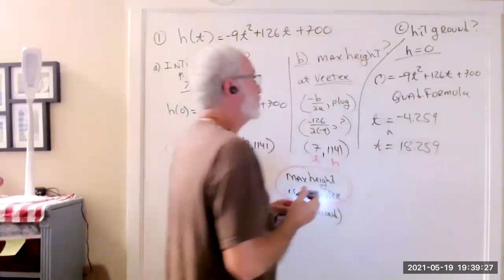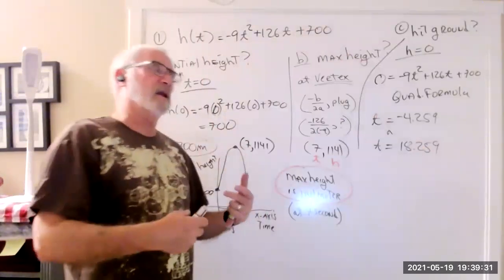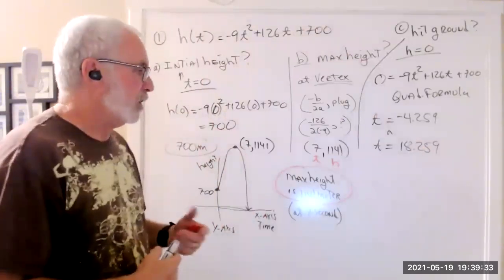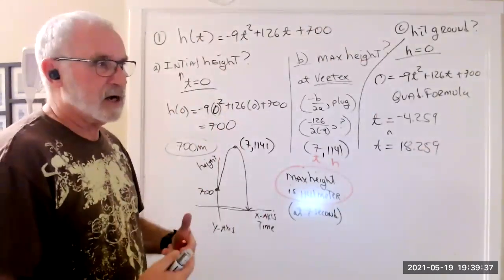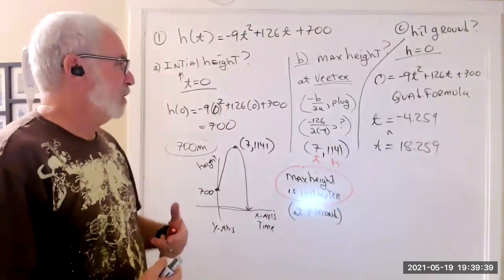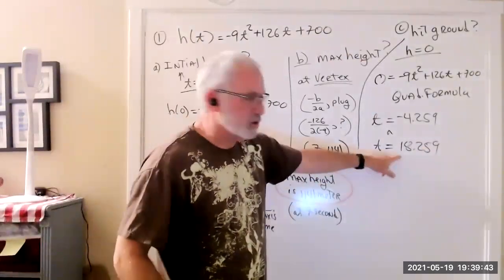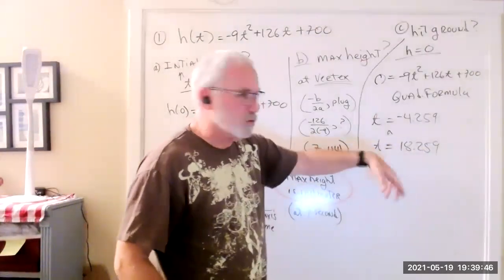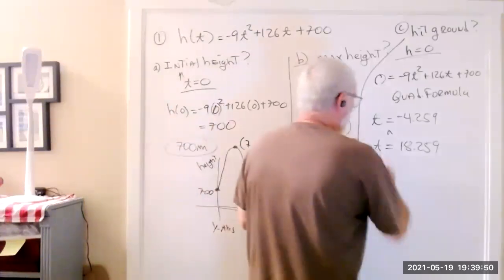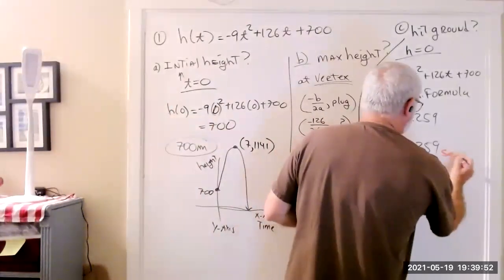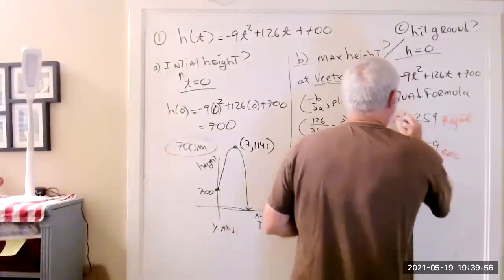Since t represents time, and at least at this point in our math, we don't know about negative time, or we're not going to worry about negative time, the only answer is that one. So after 18.259 seconds, or whatever it said to round to, this is time, so this must be seconds, and this is a definite reject because of the negative.